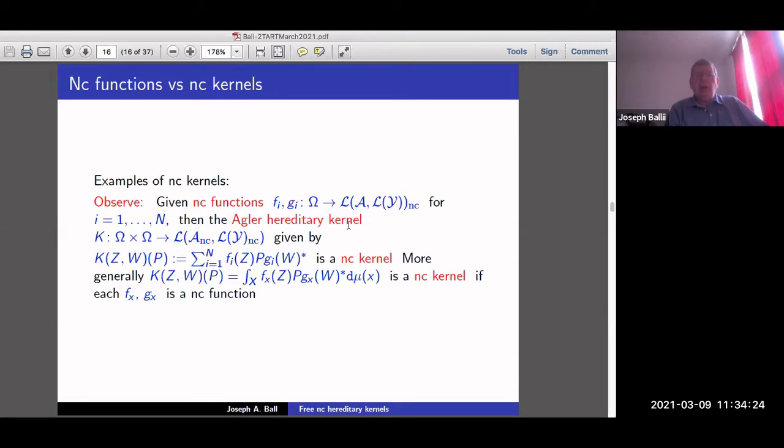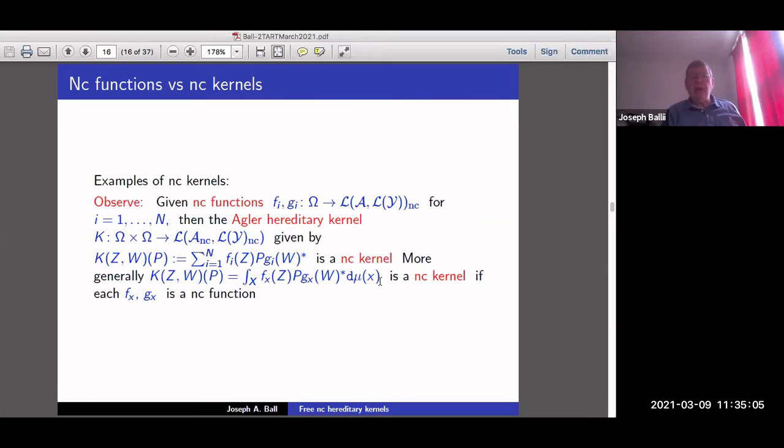So I took the Agler hereditary kernel, noncommutative version is we take noncommutative functions, so a whole bunch of them, F_i, G_i, and they land in operators from A to L of Y, and you take square matrices over that, which is the same as operators from n copies of A to n copies of L of Y. And you find K with such a formula, arbitrary sum, then this will be a noncommutative kernel.